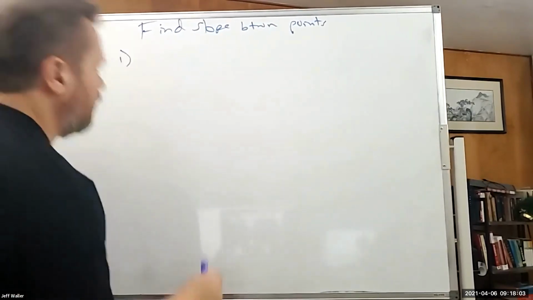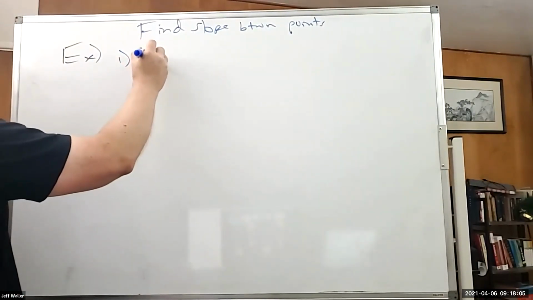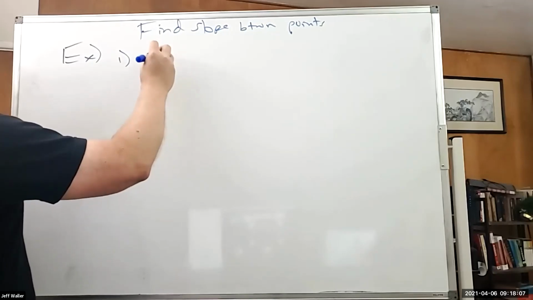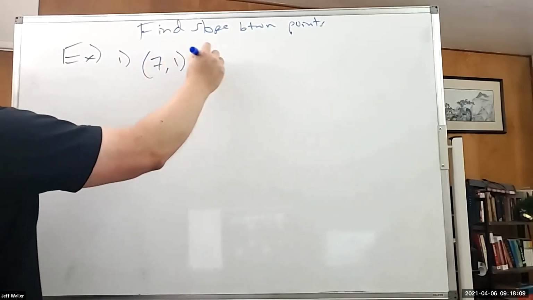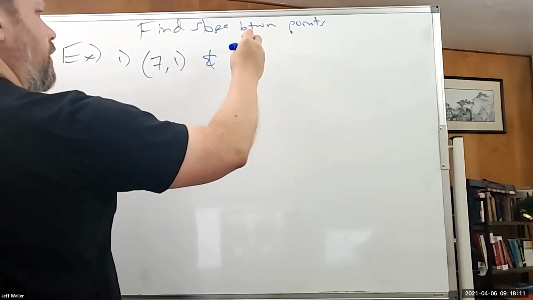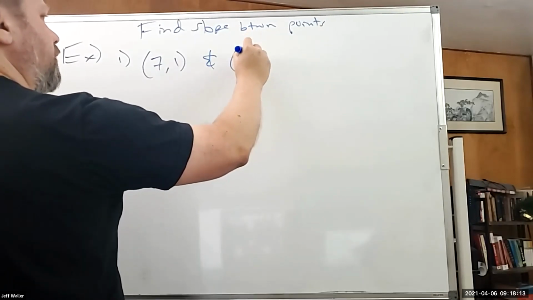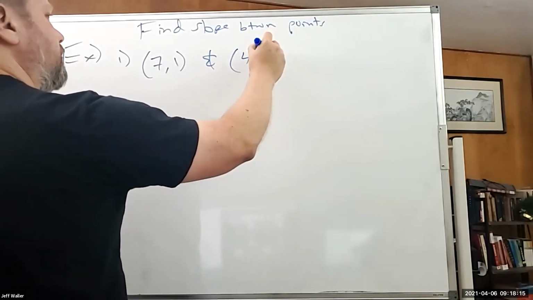All right. Let's see. So find the slope between the points. What if I have (7, 1) and, what do you got, Jeff? (4, 7). I like it.